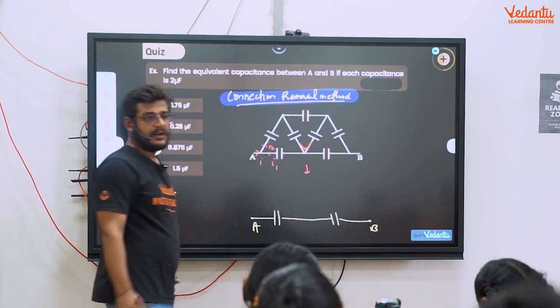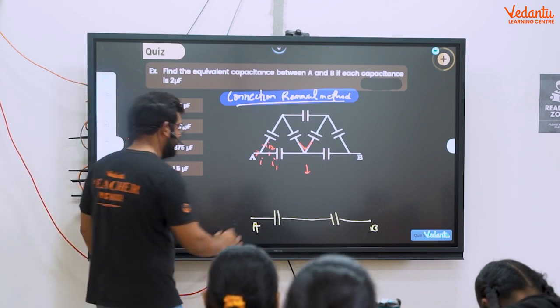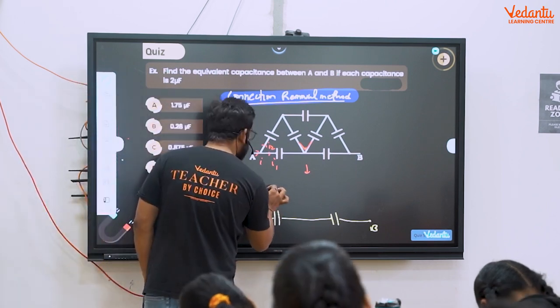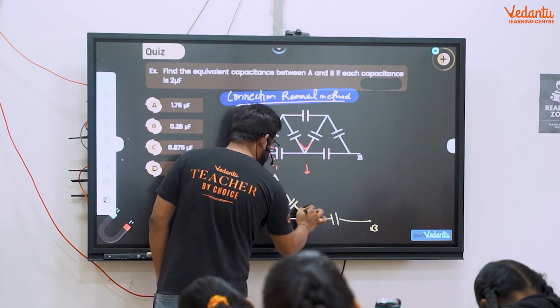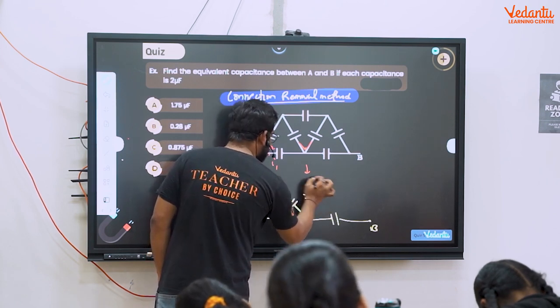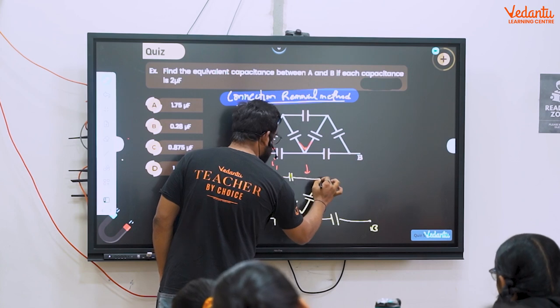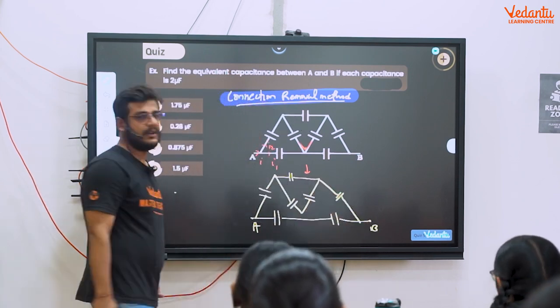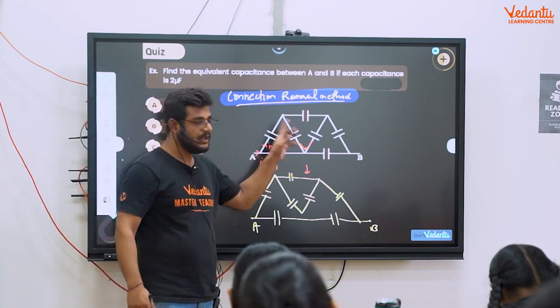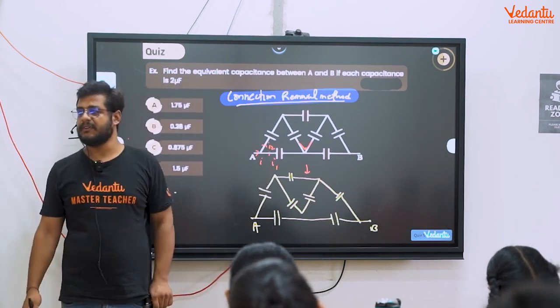These are our A and B points. This is how it will look. This connection will be removed, right? Is this clear to everyone?